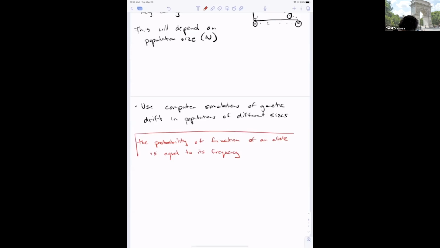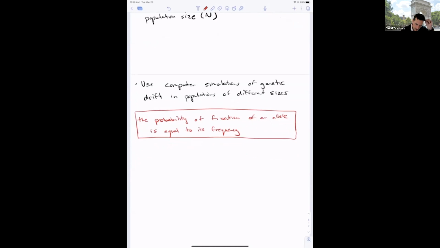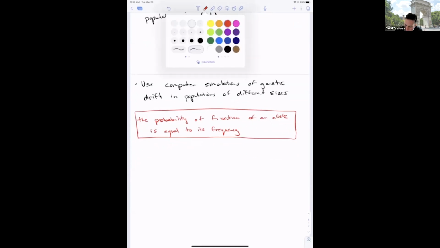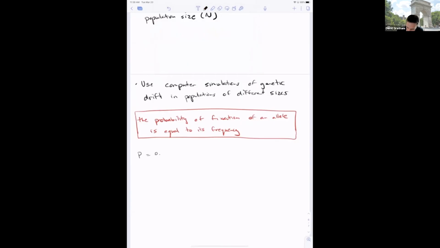This is a principle of genetic drift that we'll observe empirically using simulations. What this literally means is that if we have an allele at 0.1, then the probability that it will ultimately go to fixation is equal to 0.1.